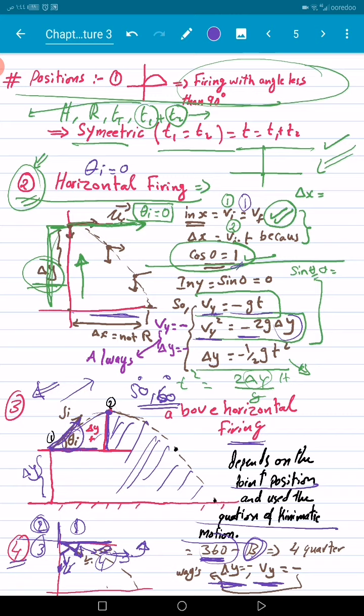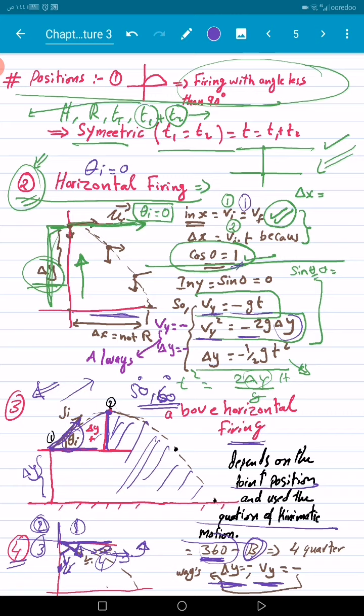Use your equations, just changing the values in the questions. I will give you some questions and practice problems. I will upload them inshallah in a few minutes or half an hour, some equations to discuss tomorrow.